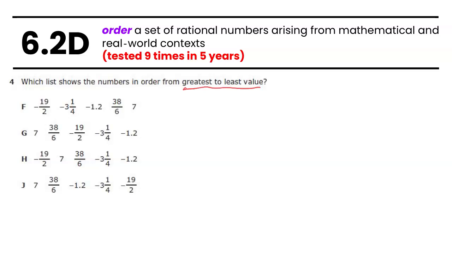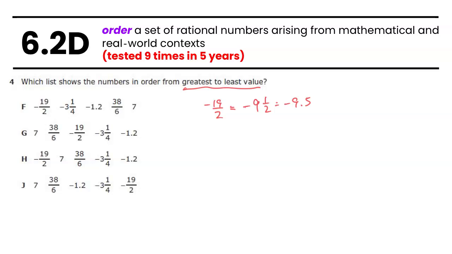And so negative 19 divided by 2, putting that in as a decimal or as a mixed number if you'd like, would be negative, 2 goes into 19 9 times with 1 left over. So that's really negative 9 1/2, or you could write it as negative 9.5. Then we have negative 3 1/4.